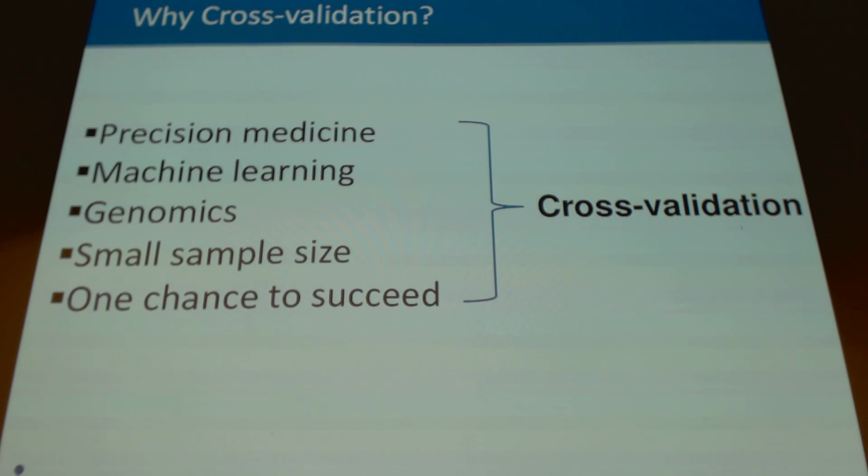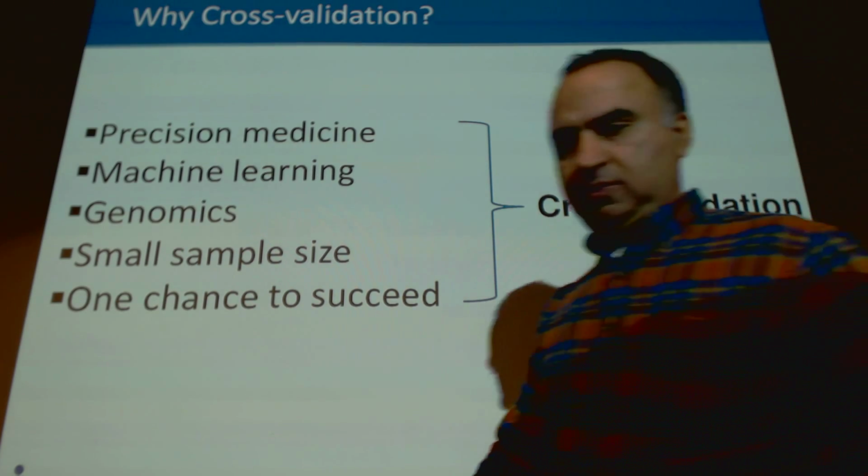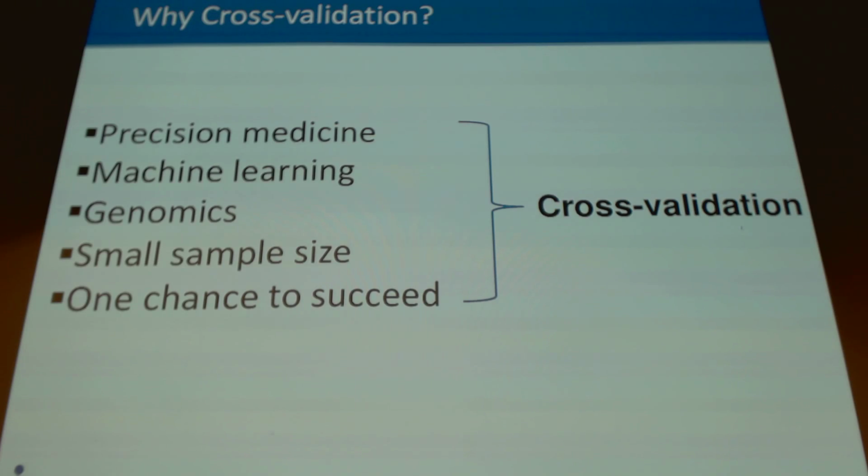And that concept uses machine learning and genomics and small sample sizes. And when you put all these features together, you pretty soon realize cross-validation is a key component of successfully doing precision medicine, really. And I'll explain how and why.